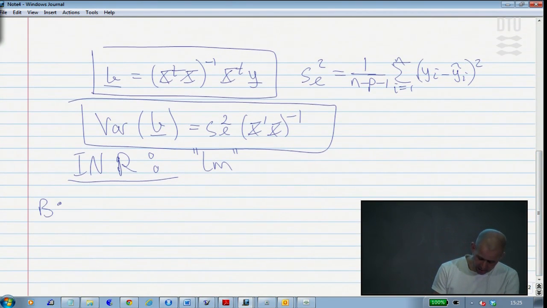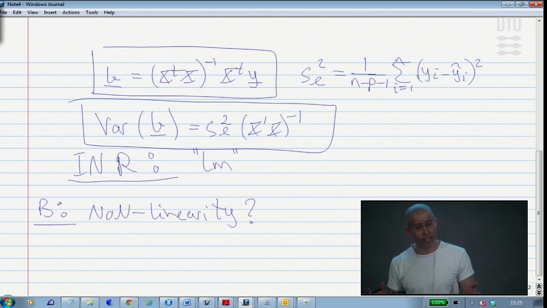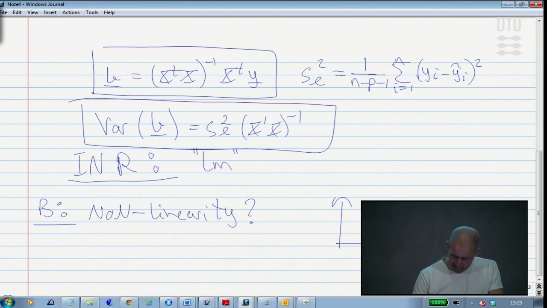The second extension was, what about when structures are really nonlinear, either in a single x or in multiple x's? How can we cope with that? Let's focus on a single x. Well, nonlinearity. I mean, what if y actually depends somehow on x in a nonlinear way?